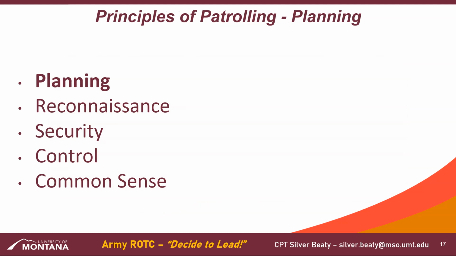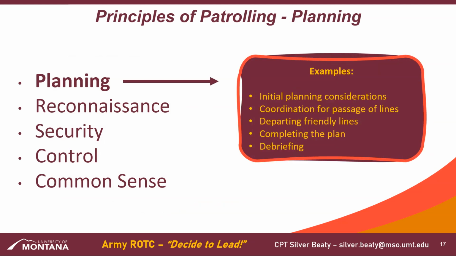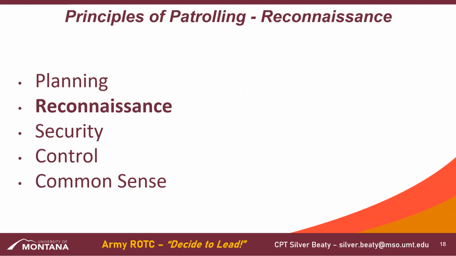Now let's get into these principles. For planning, the examples when we're thinking through it are our initial planning considerations, maybe the coordination for our passage of lines, how we are departing friendly lines, completing our plan, and then debriefing that. Those are different examples of that planning principle.